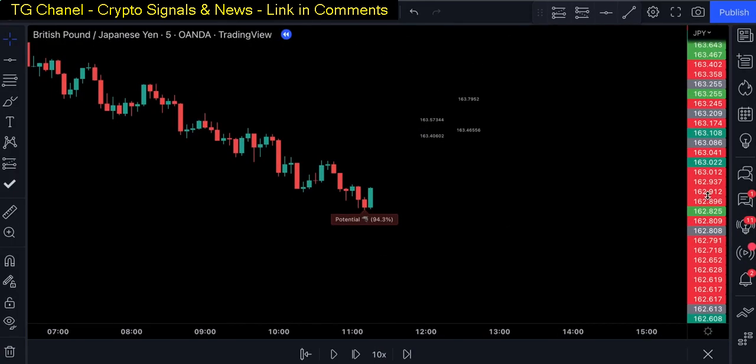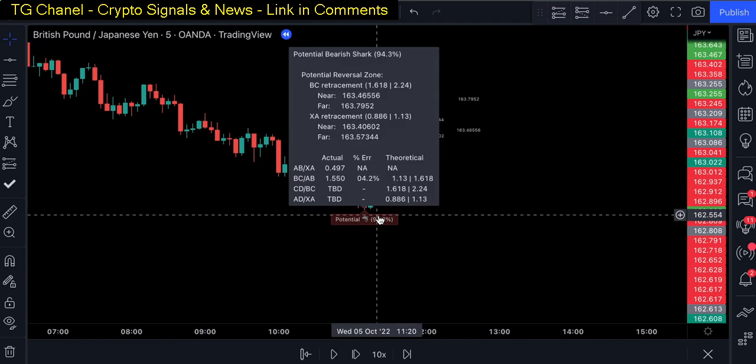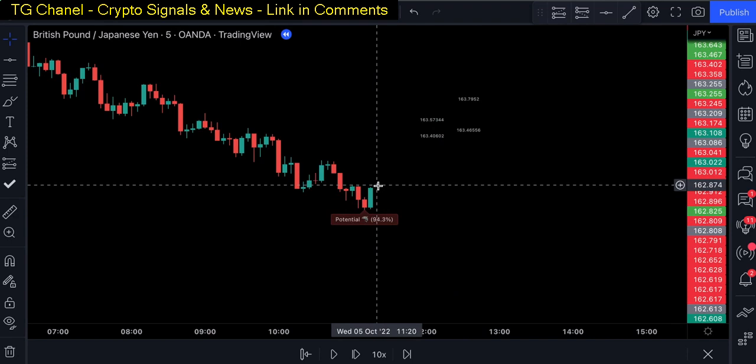Okay, let me give you one more long example before we move on to the backtesting. Here we see the indicator spotted a shark pattern and its accuracy is over 94%. We also had a bullish engulfing candlestick, and now we should go ahead and place a buy stop order.